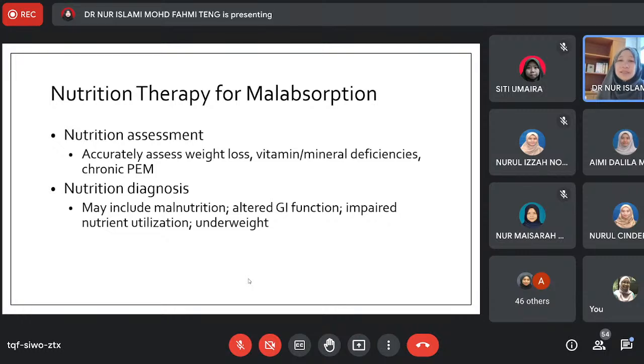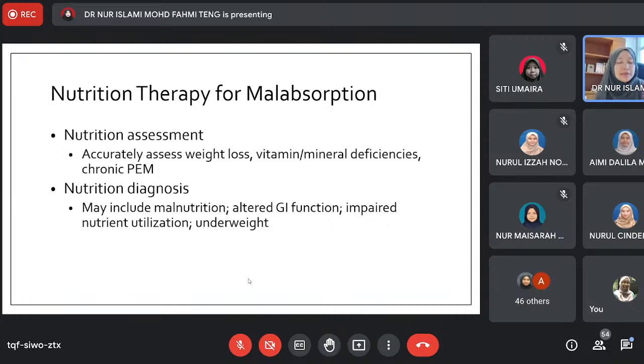When we get a patient with malabsorption, we perform the nutrition assessment. The most important thing when looking at malabsorption is whether there are any changes in weight, any weight loss, and we check for vitamin and mineral deficiency, and also whether there is any chronic protein-energy malnutrition. In a malabsorption case, weight loss is the indicator that is easy to look at. Then only after that we check the biochemical data for what deficiencies are present.